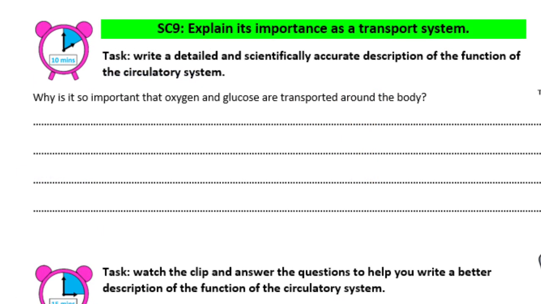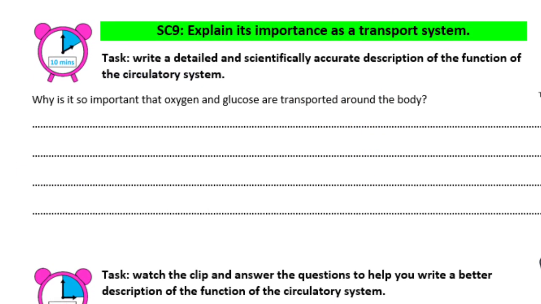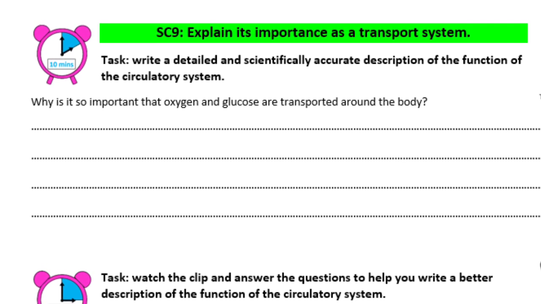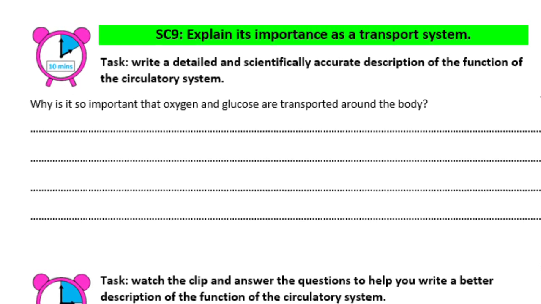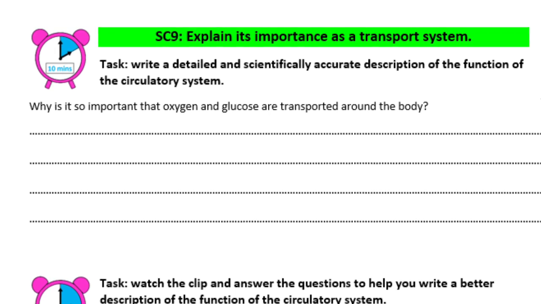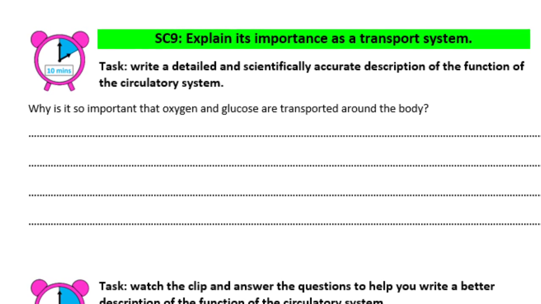On to SC9, which looks at the importance of the circulatory system. Pause and have a go at this question. The information at the very beginning of this video will really help you with this.